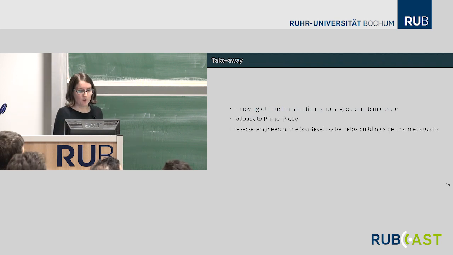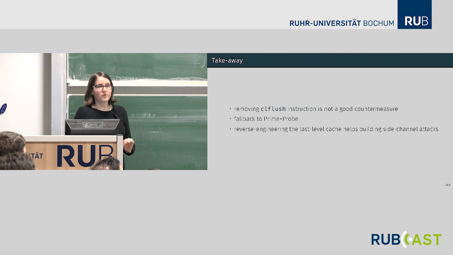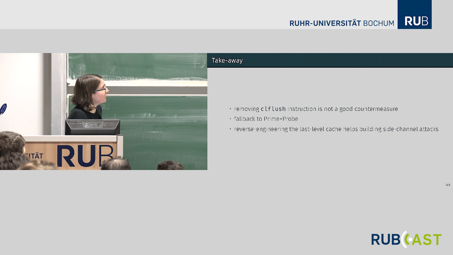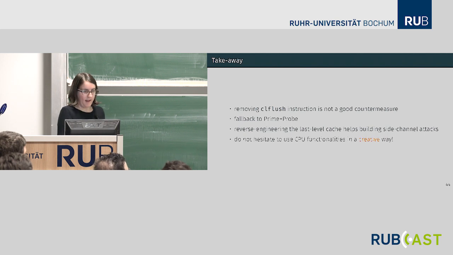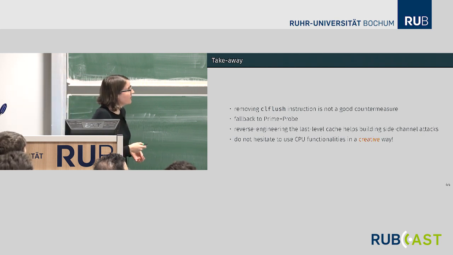Yeah, because we can fall back to prime and probe. And we had this undocumented function that prevented us to perform prime and probe attack, but just reverse engineering it, basically we can build all the side channel attacks again. The other takeaway is don't hesitate to be creative. So performance counters were never meant to reverse engineer CPUs, but you can use that, so you should.